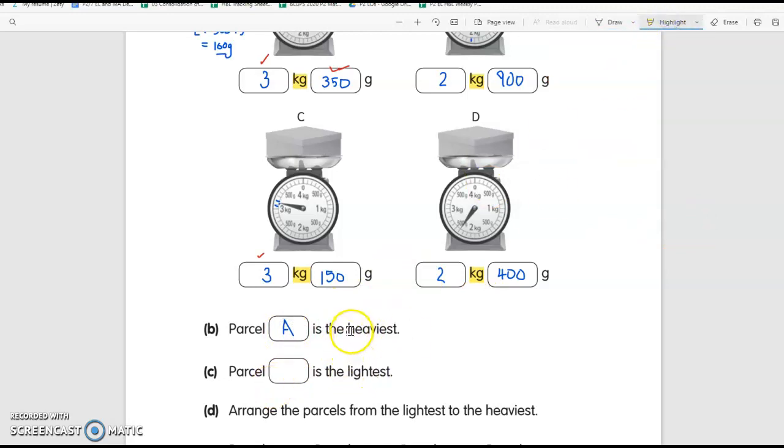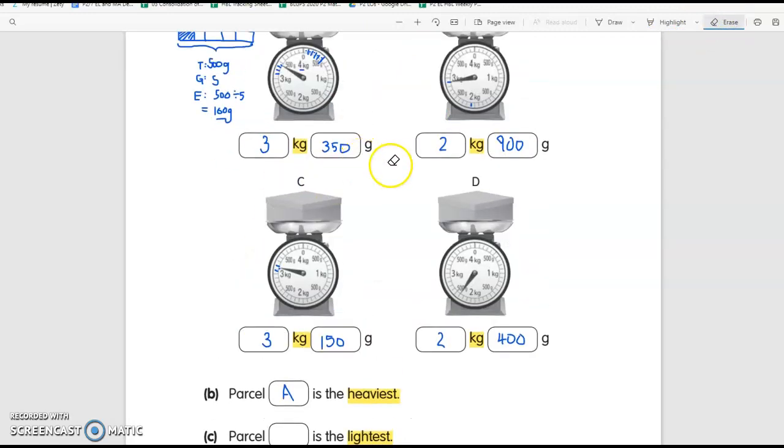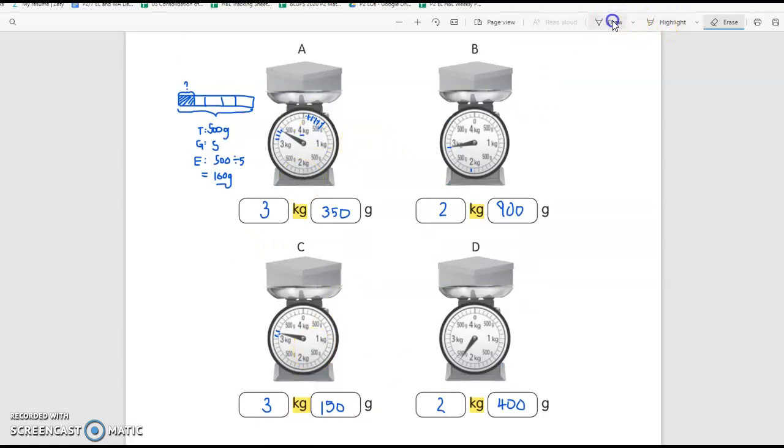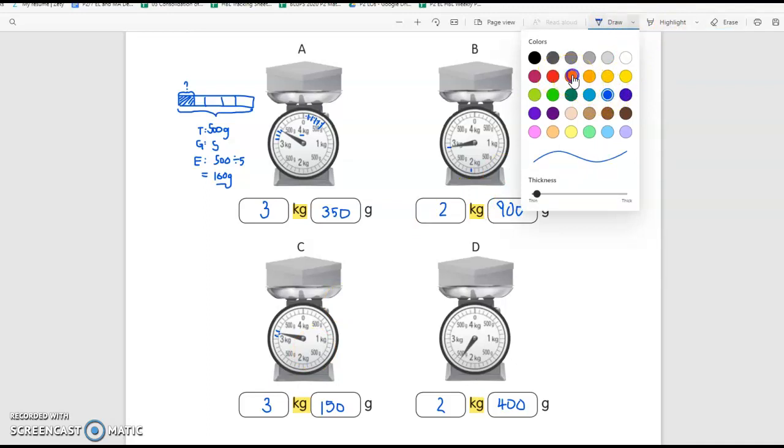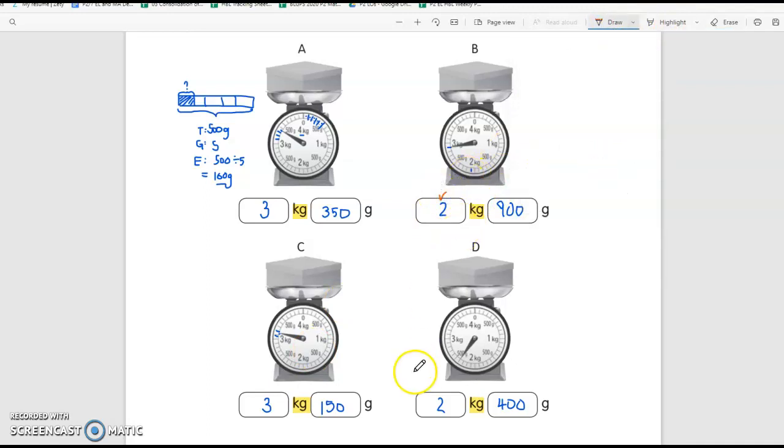Next up, which parcel is the lightest? Again, like I say, let's look at the kg first, right? So obviously, parcel A and parcel C are out. So we look at parcel B and parcel D, because both of them have the lighter kg, which is 2 kg.